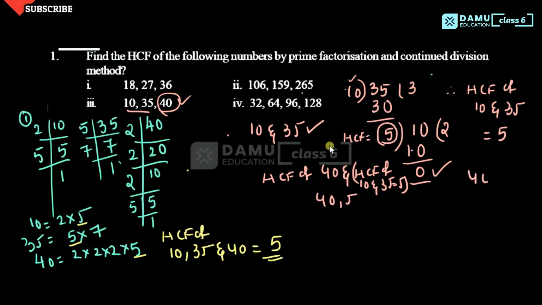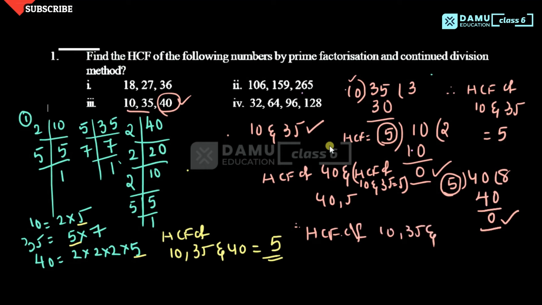So 40 is divided by 5. 5 8s are 40. So we got remainder as 0, then this 5 is the HCF. Then the HCF of 10, 35 and 40 will be equal to 5.